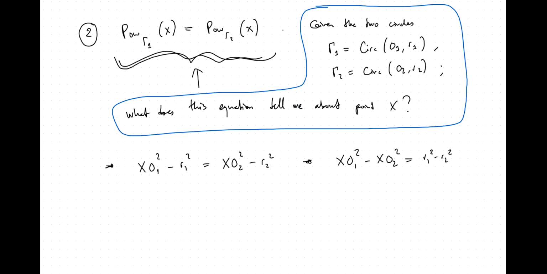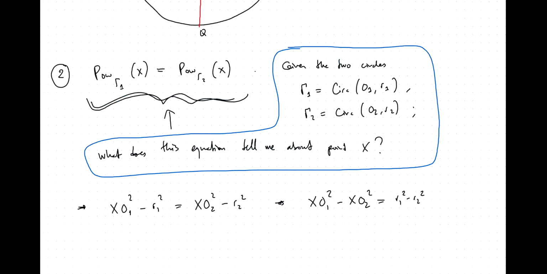So I just have points O1 and O2, fixed points, they are given. R1 and R2 are also given, but from R1 and R2, all I need is just this expression on the right-hand side. So basically, I am given this quantity, just any value. And the points O1 and O2 are given. What we are trying to understand is xo1 squared minus xo2 squared as an expression. When we set this to a constant value, what set of points does this give me?